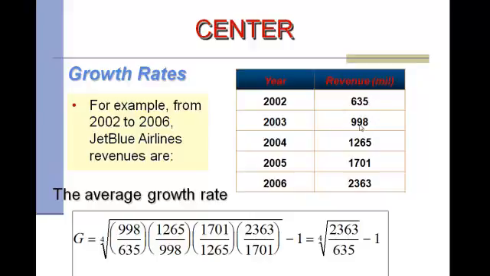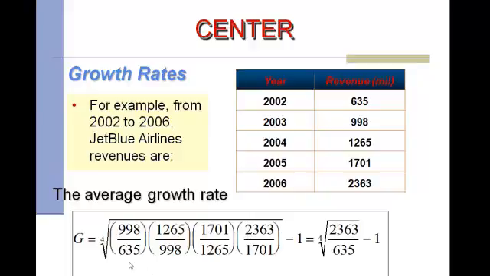We could figure out 998 minus 635, that difference, and then divide by 635, and that would tell us the average annual growth from 2003 over 2002. And we could do that again for 2004 compared to 2003, or 2005 compared to 2004, or 2006 compared to 2005.